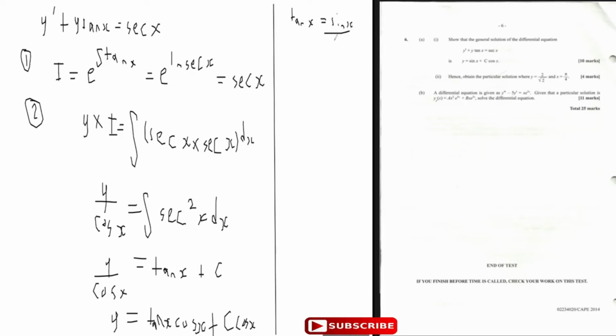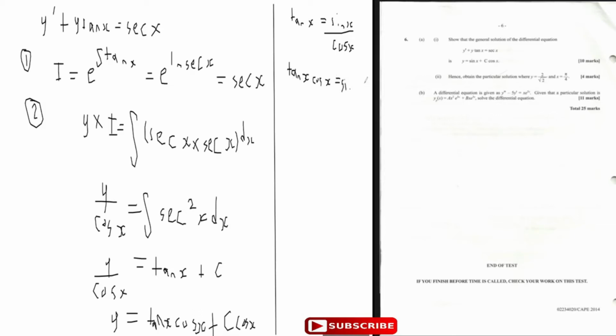So if we cross multiply, we see that tan x times cos x is sine x. Tan x times cos x is sine x, just by cross multiplying.